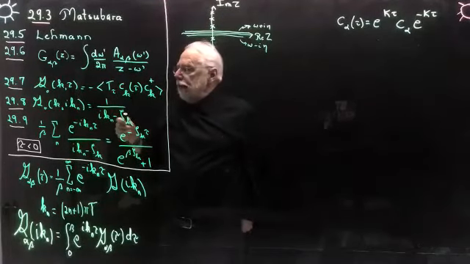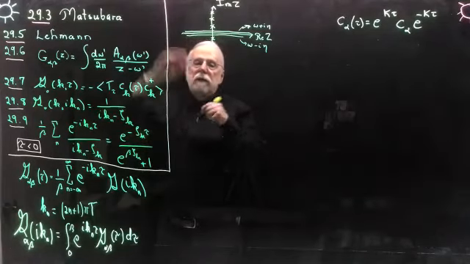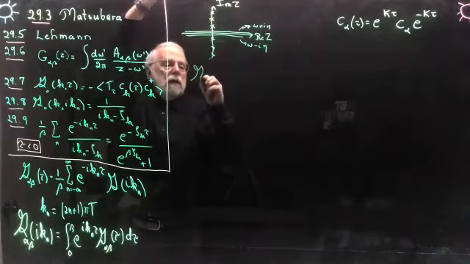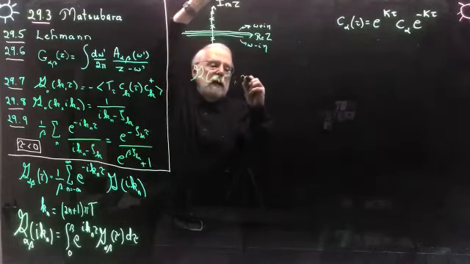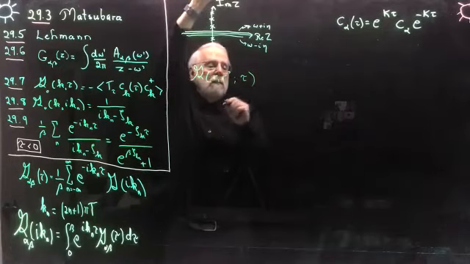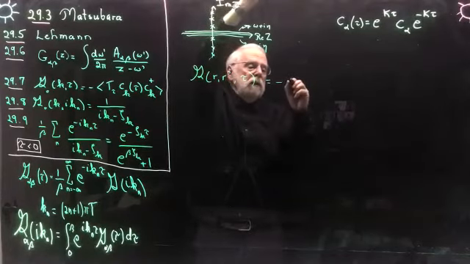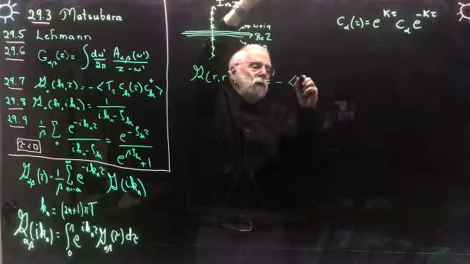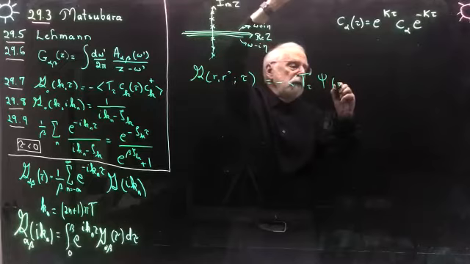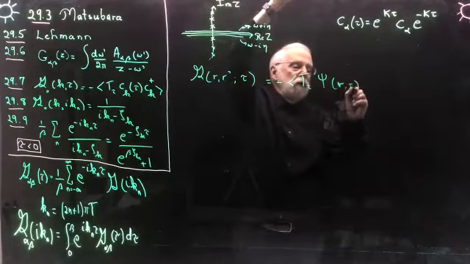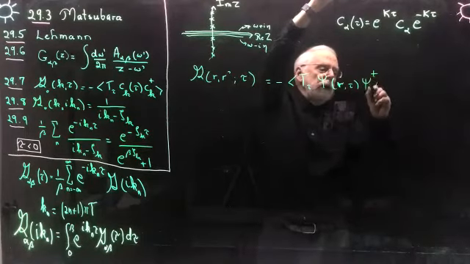So if we have the translational invariance, let's start from G of r, r prime, and tau, which is equal to minus the time ordered product of psi of r, tau times psi dagger of r prime. For now, we dropped the spin index all the time, but we will put it back.